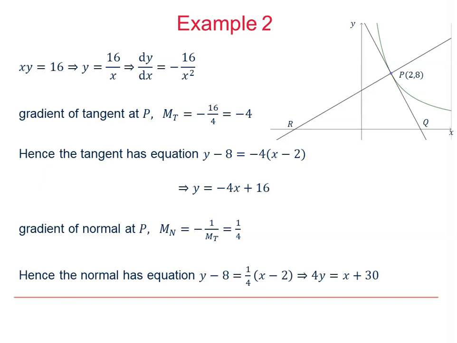And once we've got those equations, we can evaluate the x coordinates at Q and R quite straightforwardly, because at these points here we will have that y is equal to 0 in each of the tangent and the normal respectively. So it's simply a case of putting y equal to 0 here and y equal to 0 in this one here.